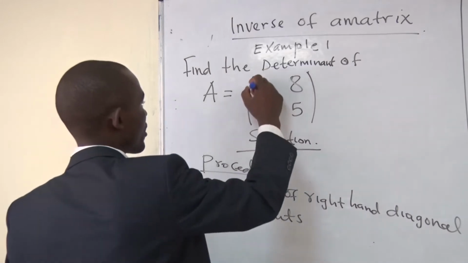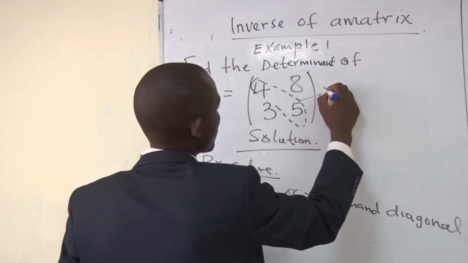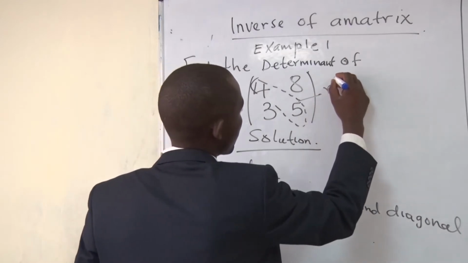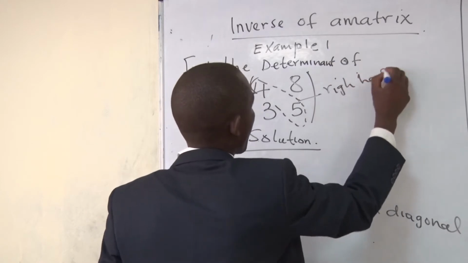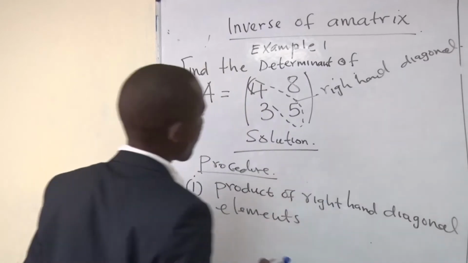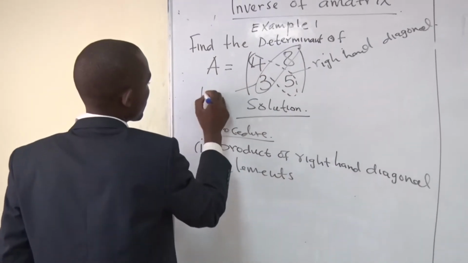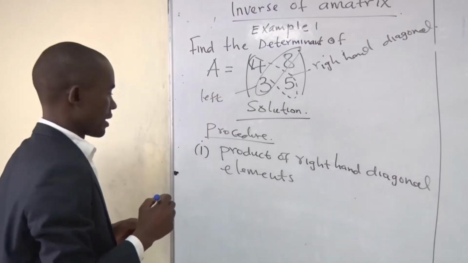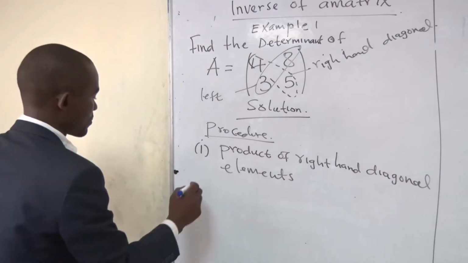The right-hand diagonal elements are these. This is the right-hand diagonal. And this is the left-hand diagonal. So the first procedure is the product of the right-hand diagonal elements.